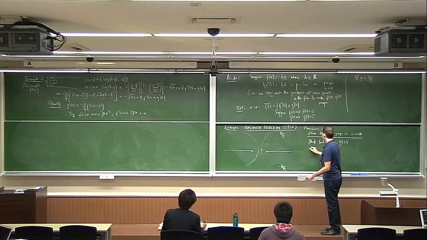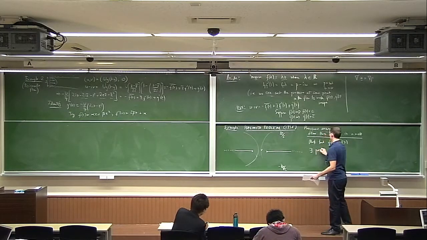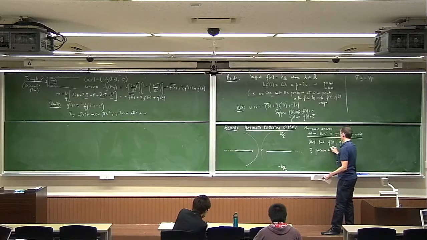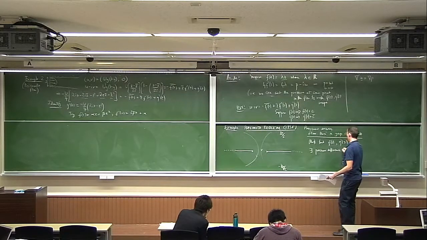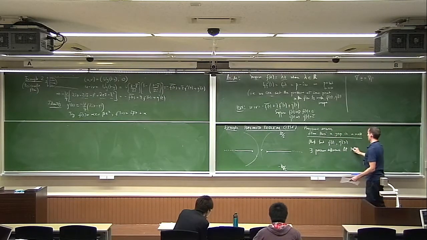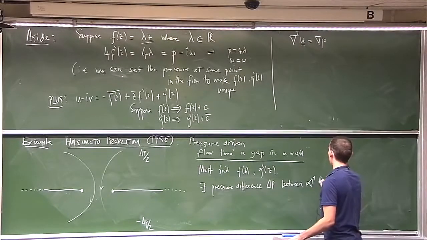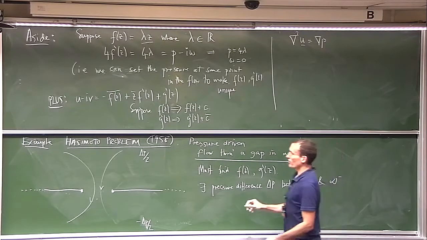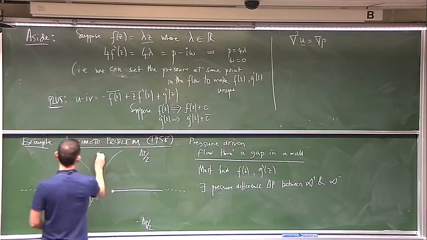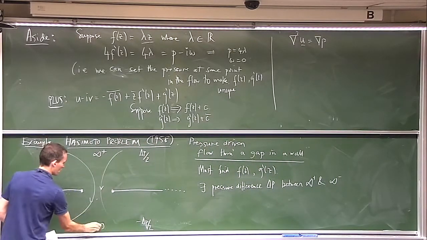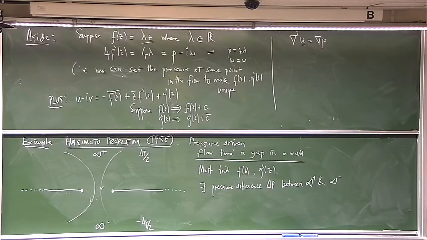So there exists a pressure difference delta P between, let's call it, infinity plus and infinity minus. Up here is infinity plus. So there's a pressure drop, and it's going to force a flow through the gap.